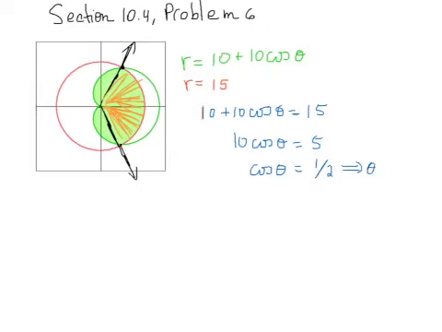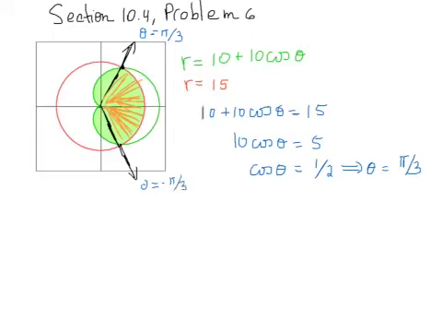And then I know that that means theta is pi/3. So this angle is theta equals pi/3. The other angle is theta equals minus pi/3, because the cosine of that is also a half. So let's write that. So theta equals minus pi/3 would be this angle.